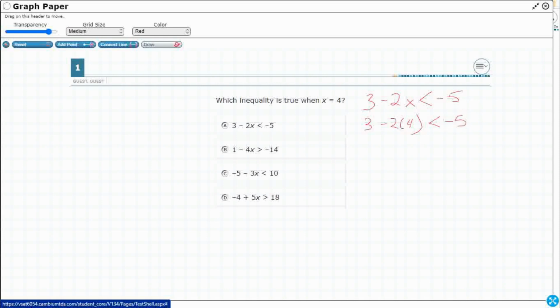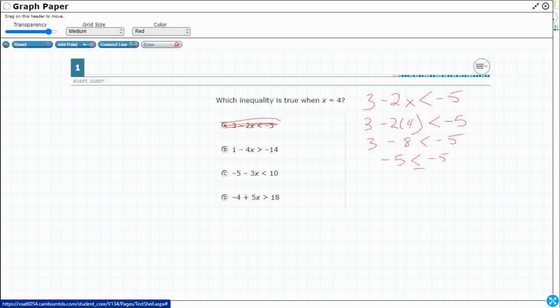So let's use order of operations. So that's 3 minus 8. Right? And let's see, we've got negative 5 is less than negative 5. No, not going to work. It would work if it was less than or equal to, but not quite.